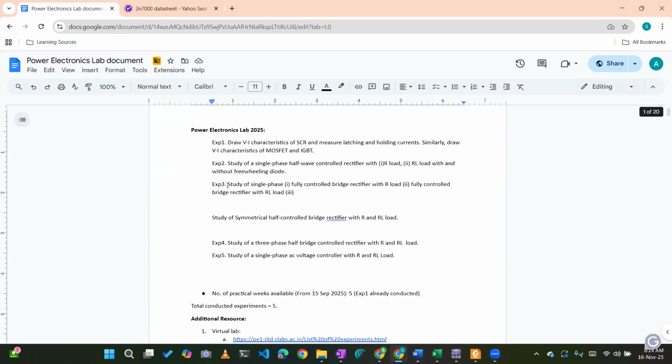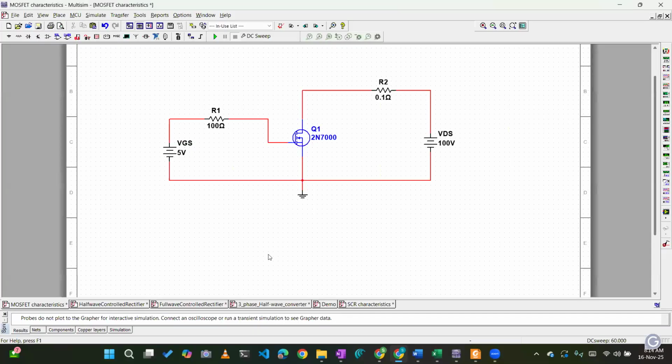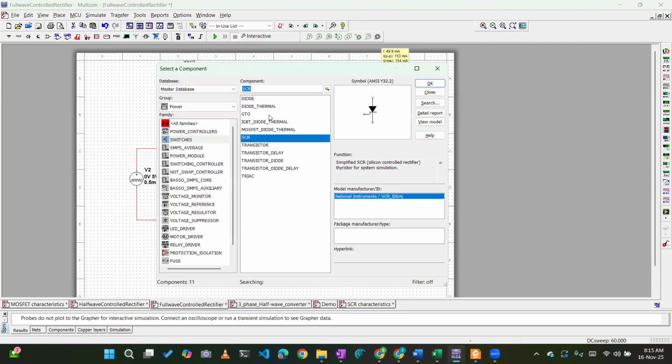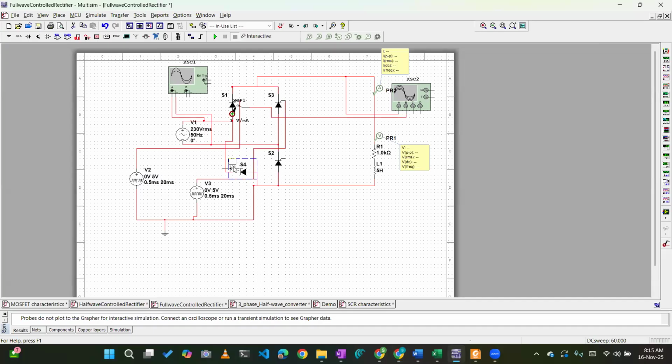For the semi-converter part, the symmetrical half control bridge rectifier, what will you do? Suppose it is a symmetrical configuration. I will simply delete this one, and I will replace this SCR with a diode, control R, and this SCR, symmetrical configuration.